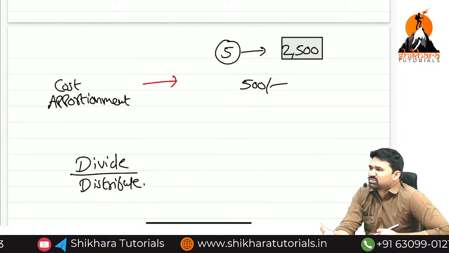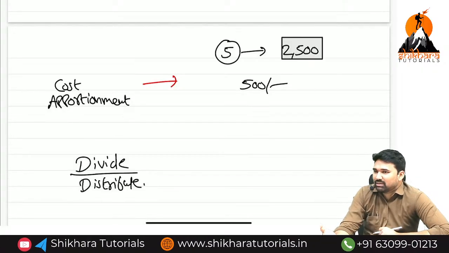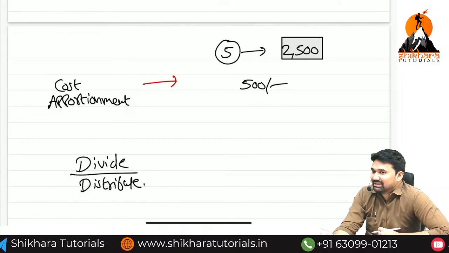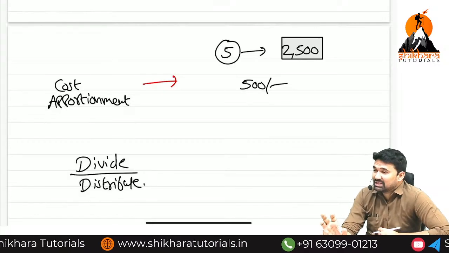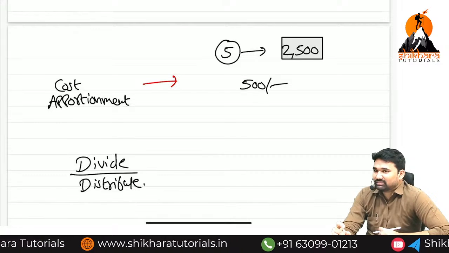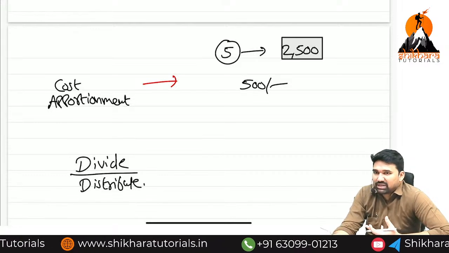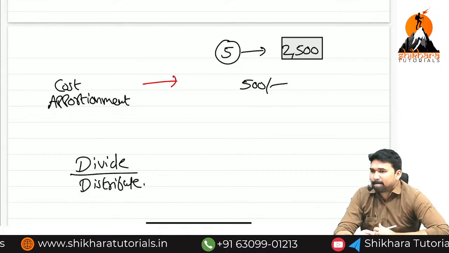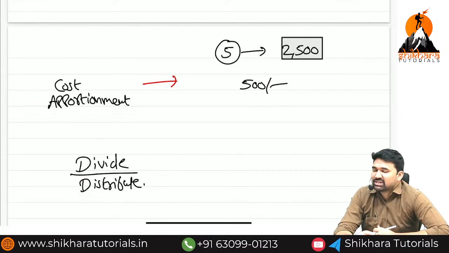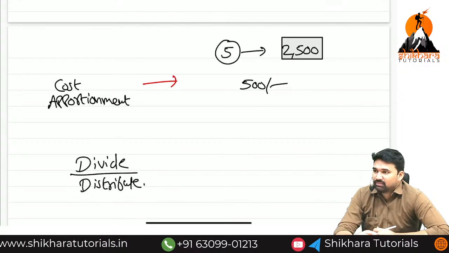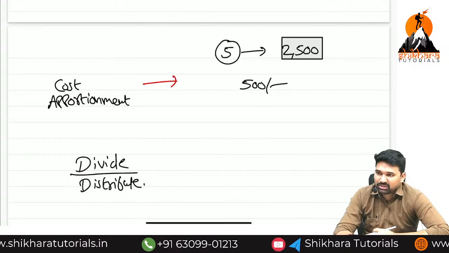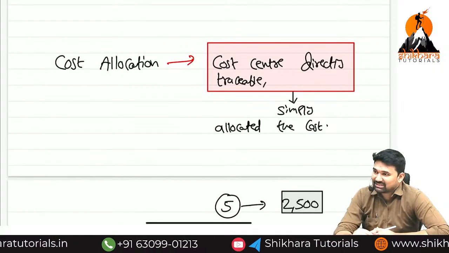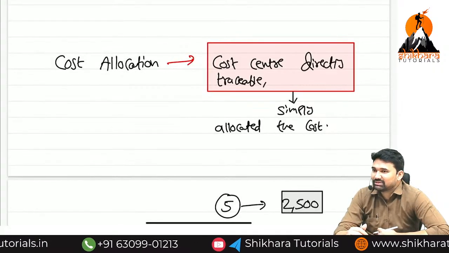His total cost must be 150, around 200. But how much is he bearing? 500. This is the difference. This is the disadvantage in apportionment, because there is no clear-cut information. In cost apportionment, we simply divide, as cost centers are not directly traceable. If the cost centers are directly traceable, we do allocation, because information is clearly available.